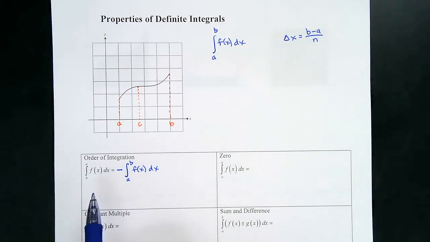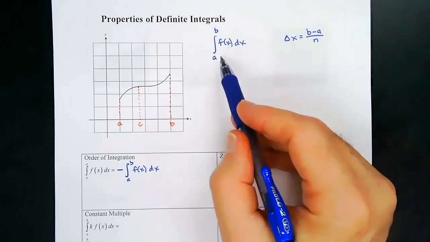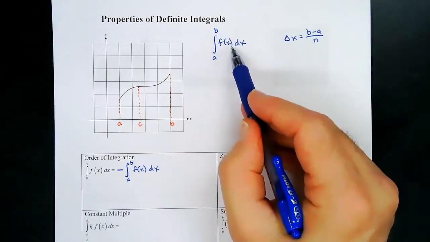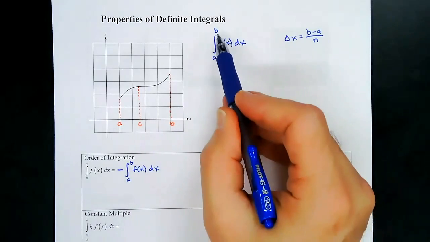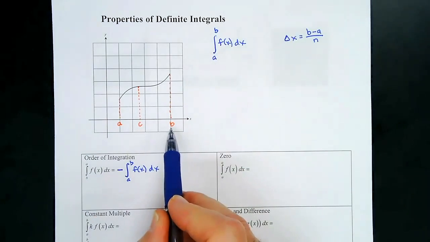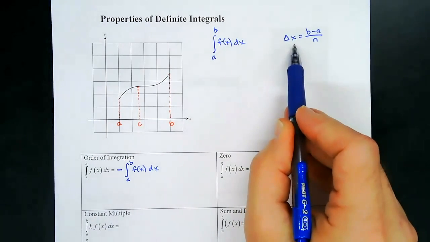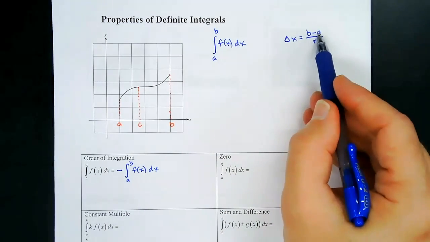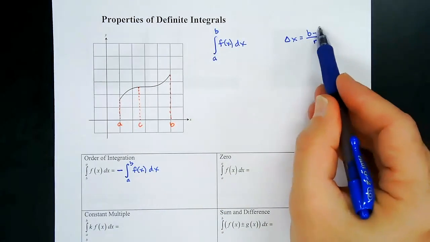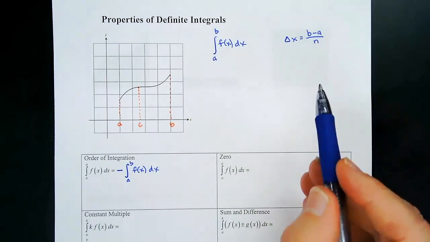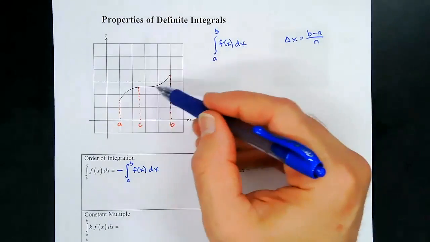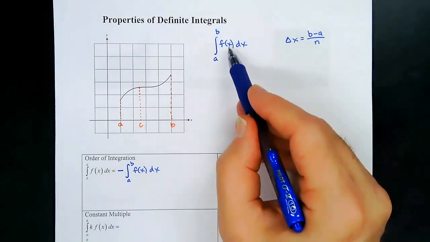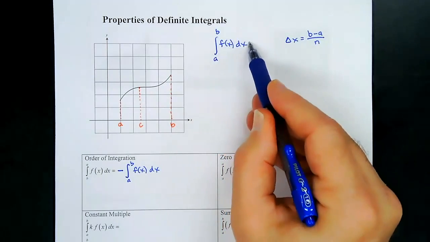So let me talk a little bit more about this, because this is probably the hardest one to understand, I think. So this f of x is my heights, right? And if I integrate from a to b of f of x, because I'm starting on the left and ending on the right, my delta x's are all going to be positive, because I'm taking a bigger value minus a smaller value. So this right here is going to be positive. And my function is going to be positive because it's above, right? So that means this is going to be positive and this is going to be positive.